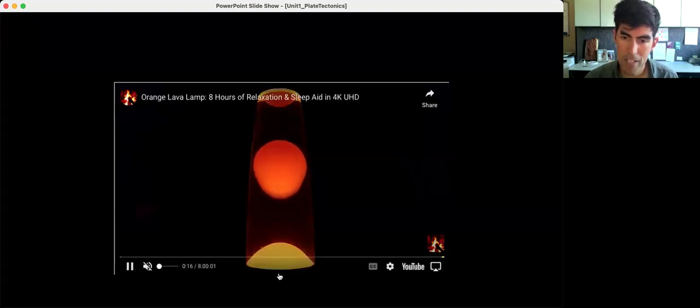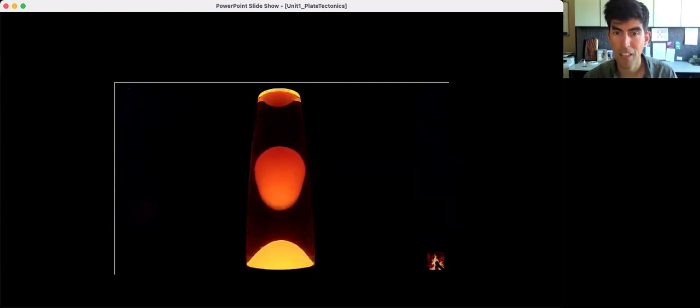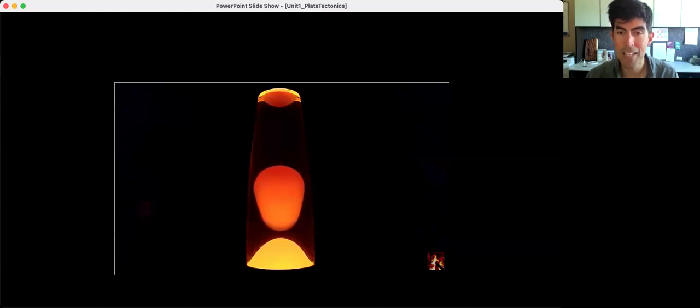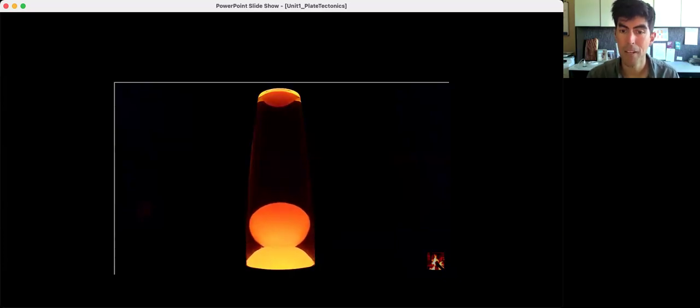Down here at the base of the lava lamp, you have a lamp. That lamp is heating up the wax, and as the wax heats up, it causes the wax to expand and become less dense. And as it becomes less dense, it rises up in the fluid that is contained.